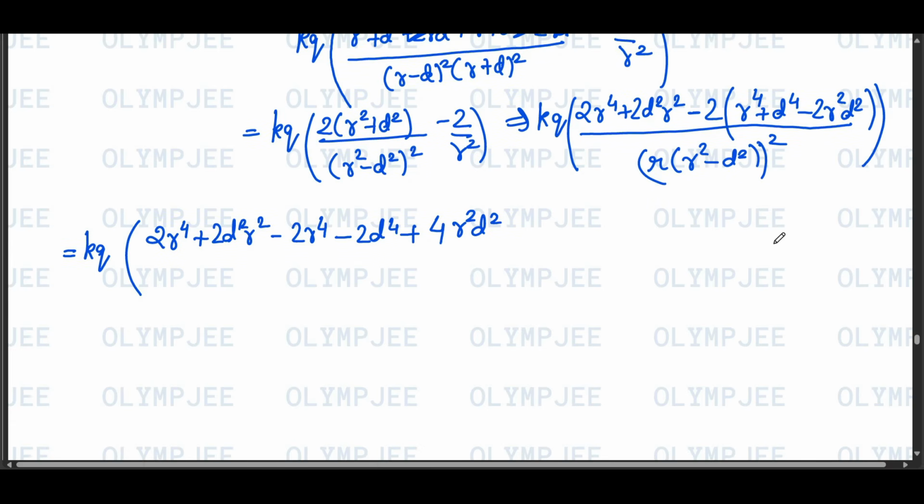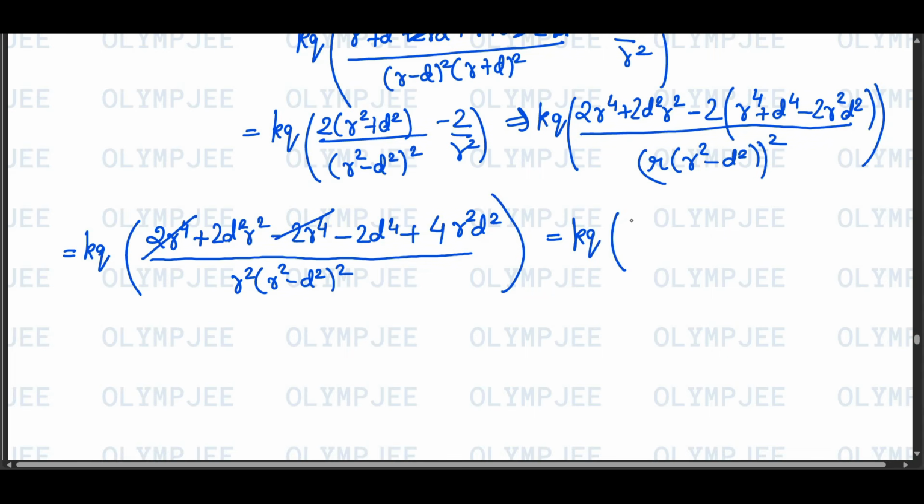So we will get this, and the new denominator will be (r square minus d square) whole square. So this term and this term will get cancelled, and this will become, okay, let me solve.